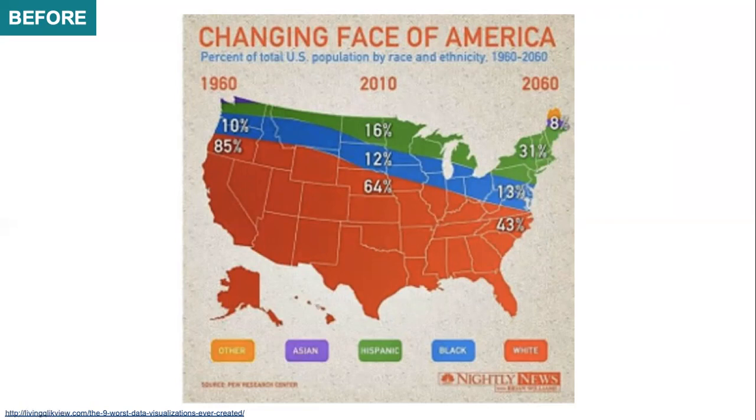It's very easy to misinterpret what this visual is trying to show. Anything else? What exactly the change is isn't clear.